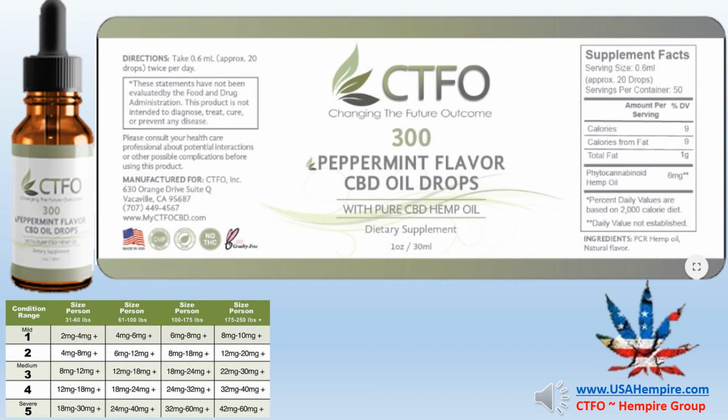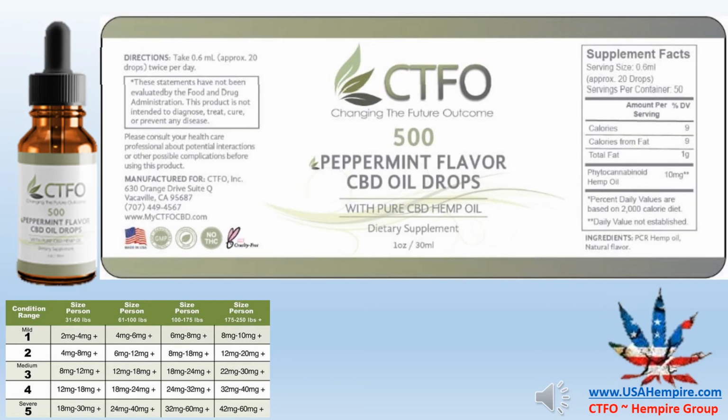So now we're going to take a look at the 500. And here on the 500, we see all the same stuff. It's a 1 ounce bottle, which is a 30 milliliter bottle. It's 0.6 milliliters per serving, which is approximately 20 drops, about half of a dropper. There's 50 servings per container. And as we go down, we see the phytocannabinoid hemp oil is 10 milligrams per serving.